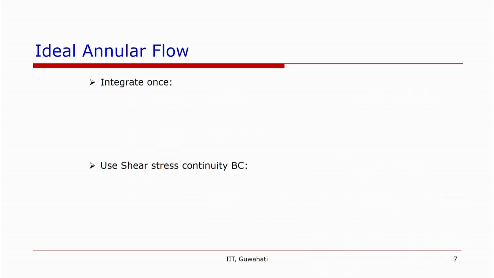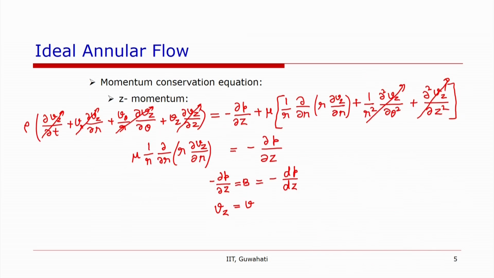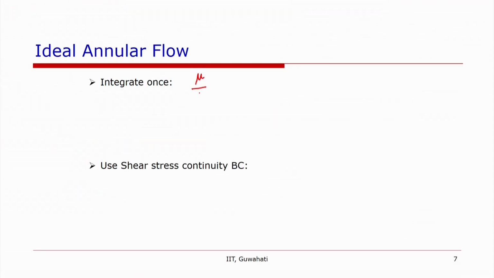Now if we look at this equation again, mu over R del over del R of R del V over del R is equal to minus del P by del Z, or dP by dZ, which we have named as B now.